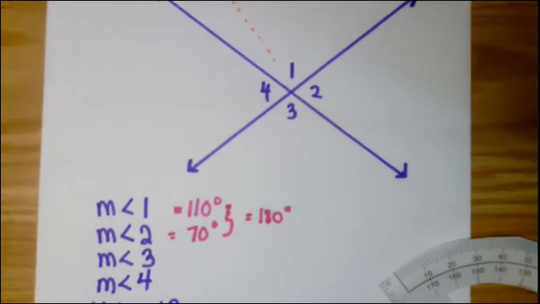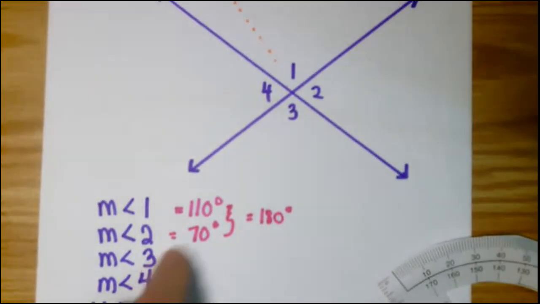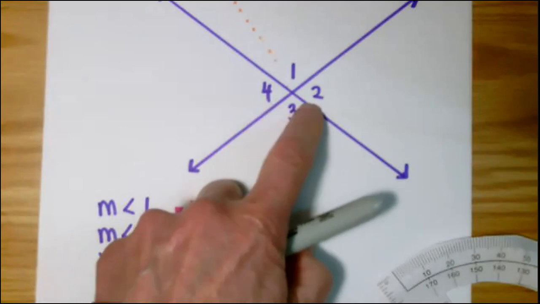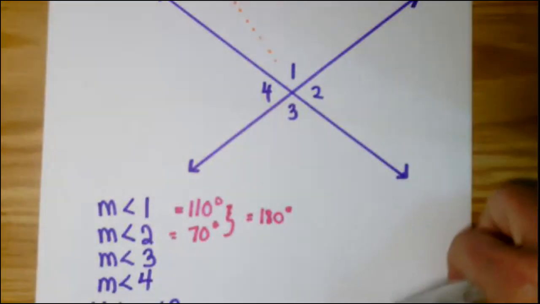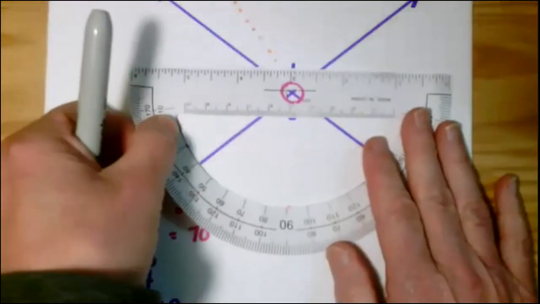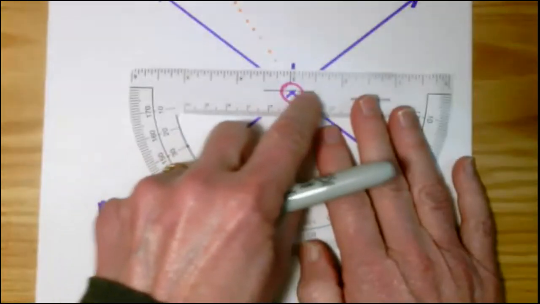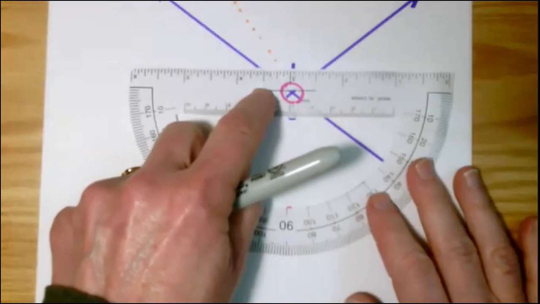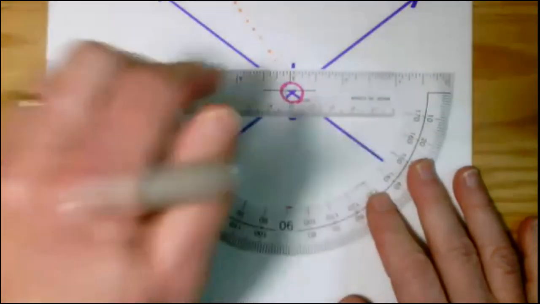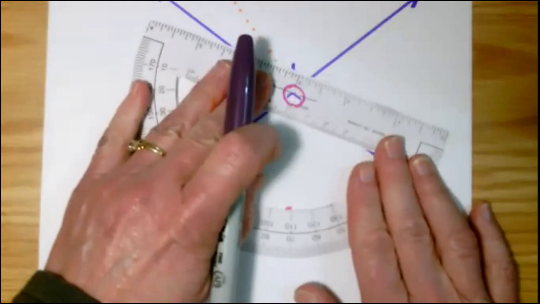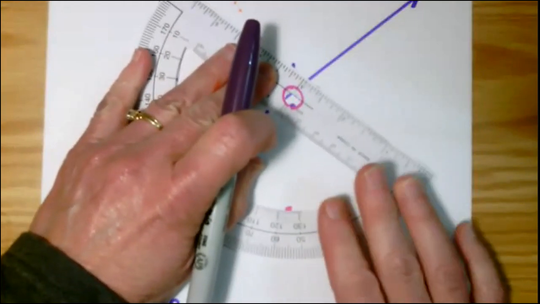Let's look at the measure of angle 3. 3 is right here. That's this part right there. So we're going to take the hole of our protractor and put it on the vertex. Then this line has to line up with one of the sides of our angle, so either this side or this side. I'm going to turn it so that it lines up with this side.